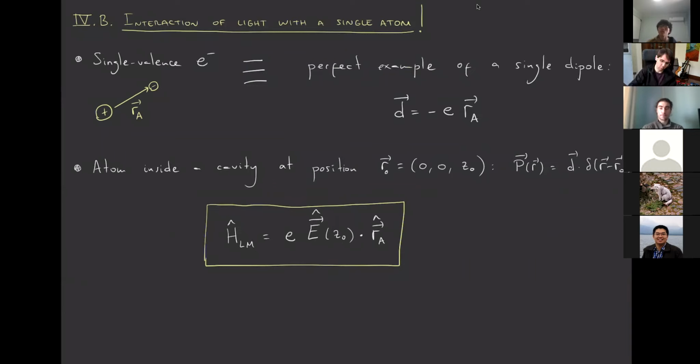And just one remark, I think it's clear, but we have made an implicit assumption. The implicit assumption is that the electric field E is constant over atomic scales.